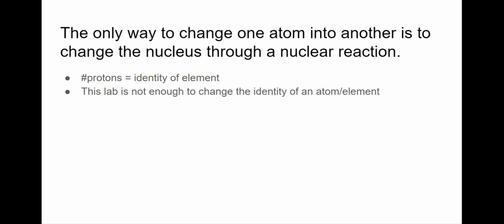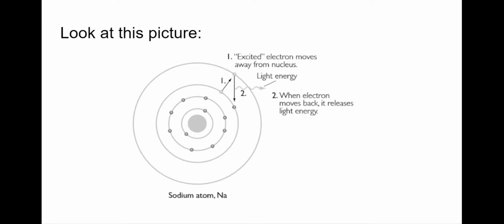The temperature of the flame in the Bunsen burner that we just used in our lab activity is not hot enough to change one type of atom into another. The temperature of the Bunsen burner is hundreds of degrees hot, not the millions of degrees that would be required to see those types of nuclear reactions.